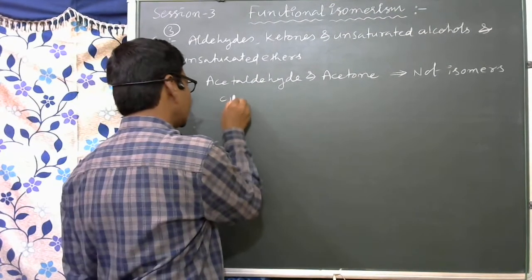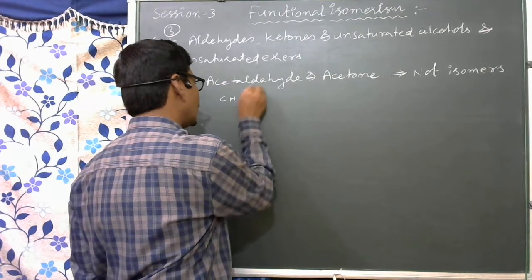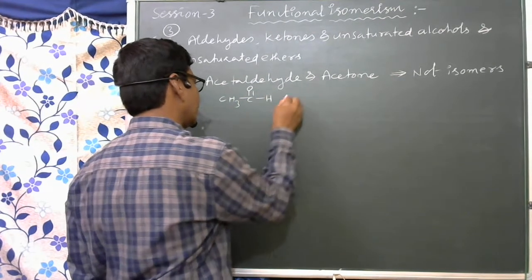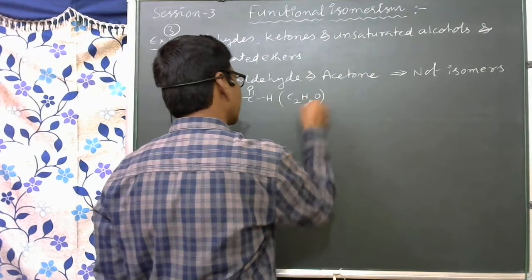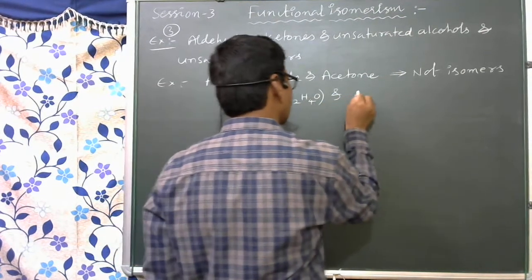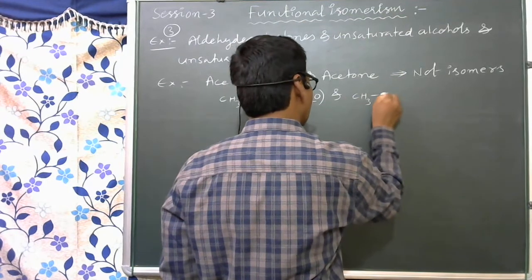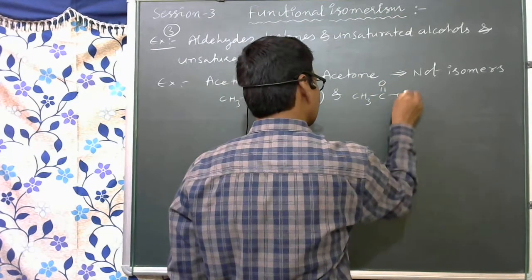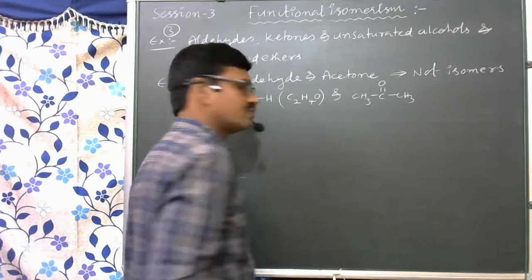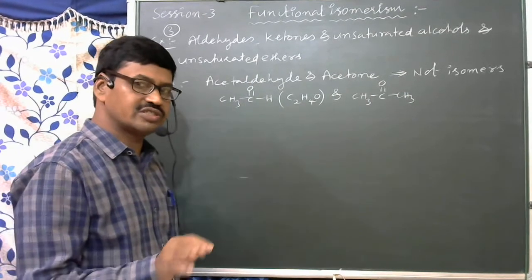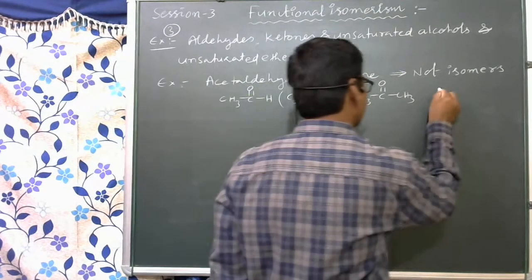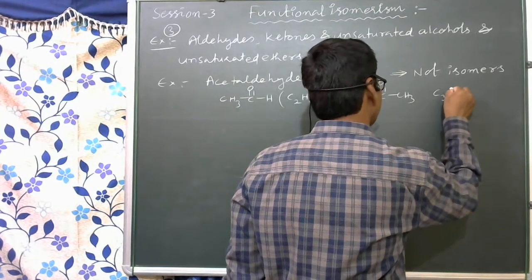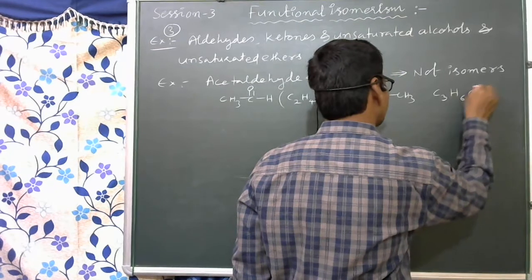Acetaldehyde formula, CH3, C double bond OH, that is C2H4O. This is the molecular formula. But acetone is a ketone, the first member of ketone. Only the pronunciation is somewhat similar, but the molecular formula is not. How many carbons? 3 carbons, C3H6O. This is the molecular formula.